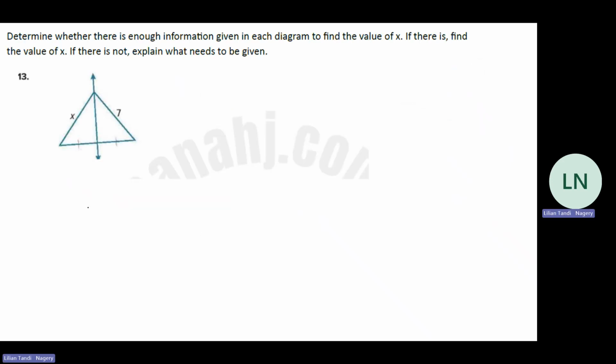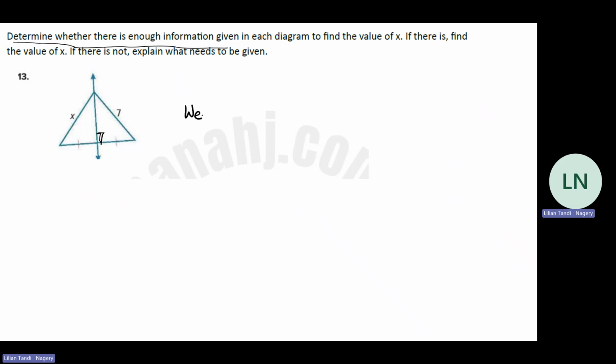Now, determine whether you have enough information. I don't have enough information because the question did not tell me this line is a perpendicular bisector. If there is not, explain what needs to be given.